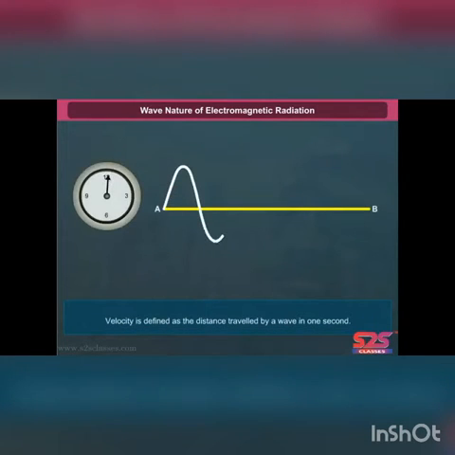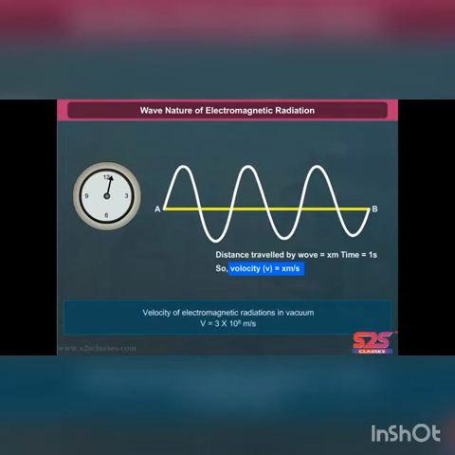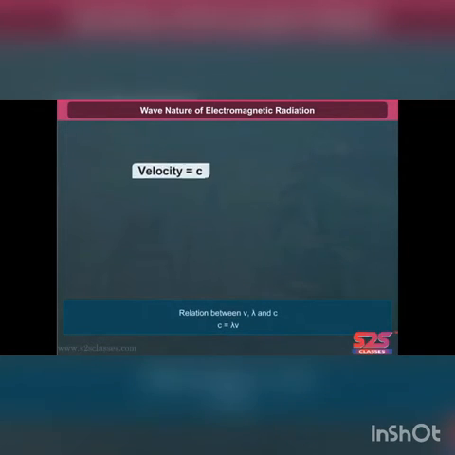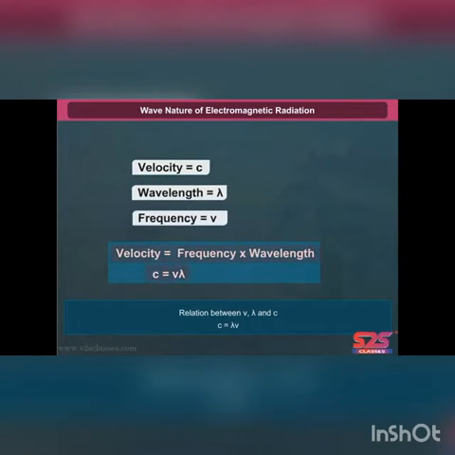Velocity is defined as the distance traveled by a wave in 1 second. In vacuum, all types of electromagnetic radiations travel with the same velocity. Its value is 3 times 10 raised to the power 8 meters per second. It is denoted by c. The frequency, wavelength and velocity of light are related by the given equation. Wave number is defined as the number of wavelengths per unit length.